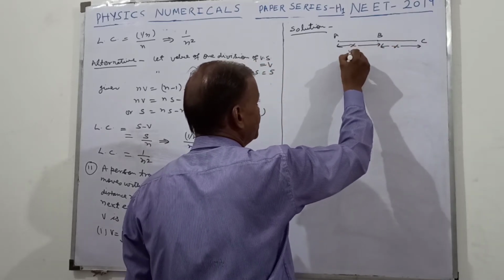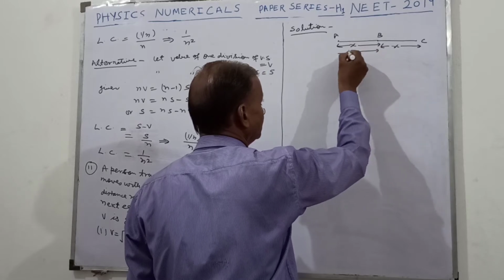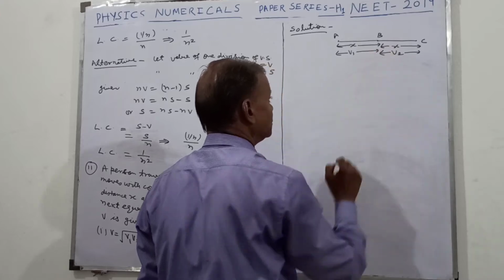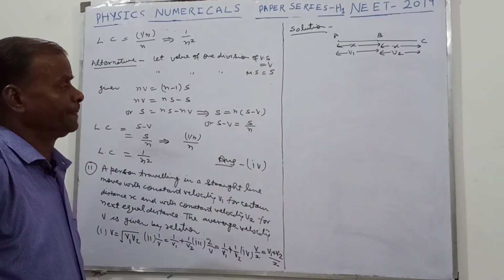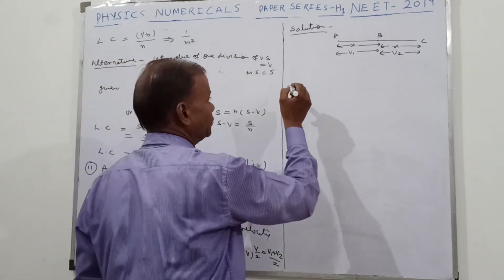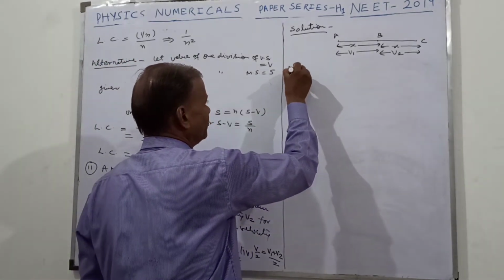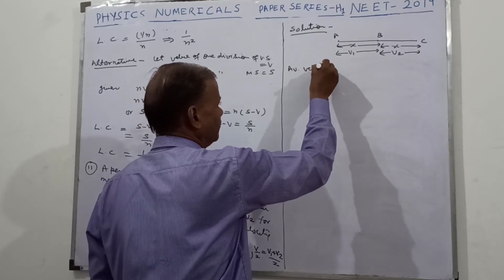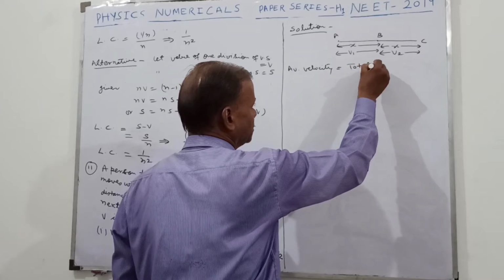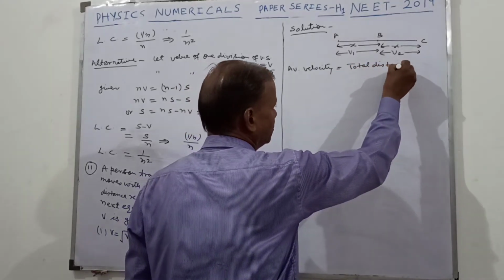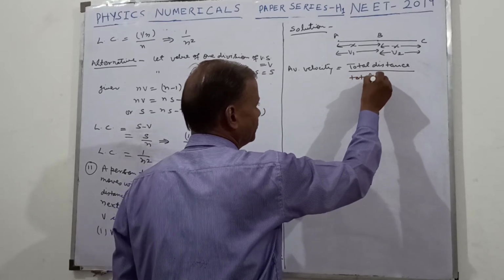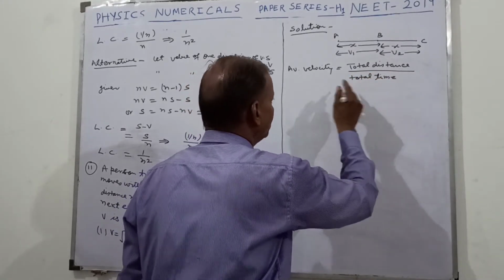Here the speed is v1, here the speed is v2. Now we have to find the average velocity. Average velocity equal to total distance upon total time. This is the formula of average velocity.